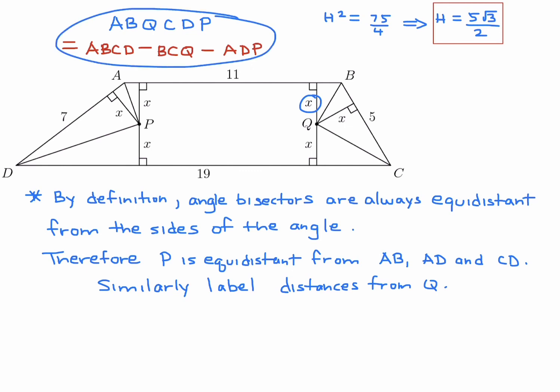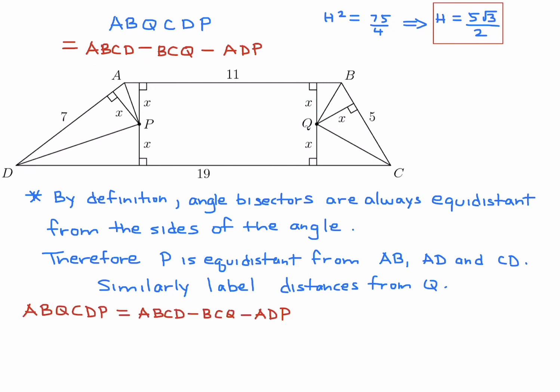All right, great. Now we can use this formula to figure out our question. So we've got ABQCDP is equal to ABCD minus BCQ minus ADP. Well, ABCD, if you remember the area of the trapezoid, it will be 11 plus 19, right? That side plus that side, divided by 2, times the height. And the height we figured out up here is 5 root 3 over 2.